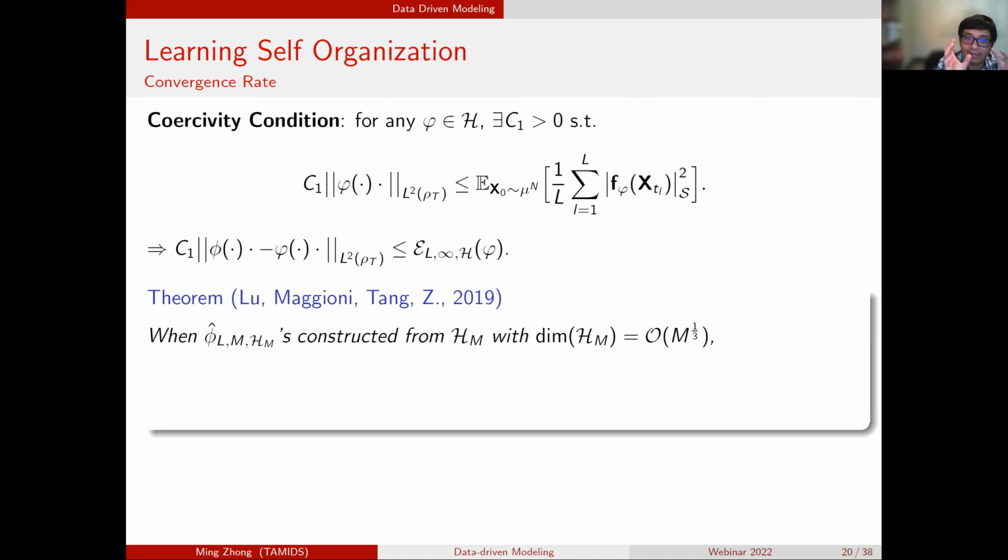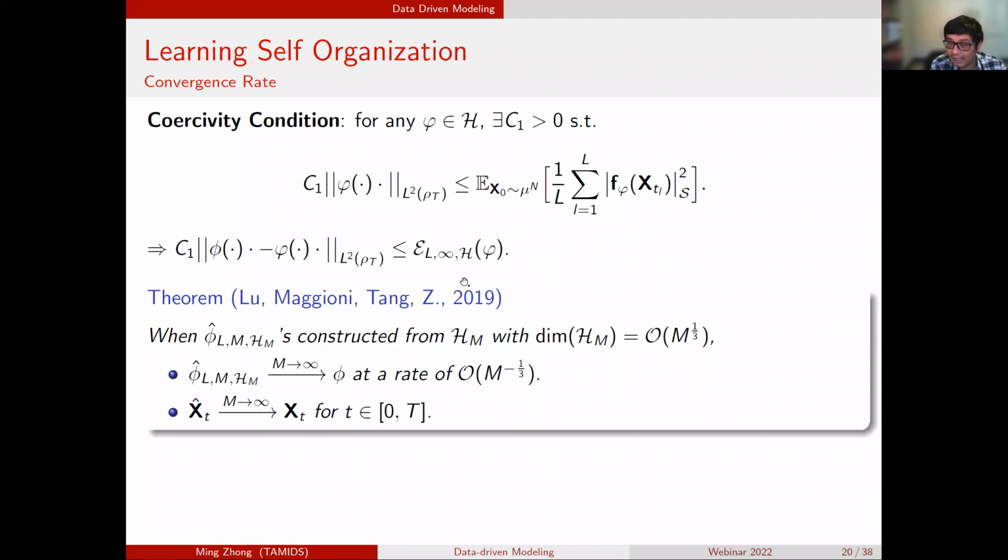Okay, so if my search space increases at a rate like that, then I have a learning rate: my phi hat LM, which is a discretized minimizer, will converge to the true unknown interaction kernel at a rate of M to the negative 1/3. Okay, so it's not yet at the Monte Carlo rate because we cannot get that. We do not have IID data. We have dynamical data, but we still have M to the negative 1/3. Okay, so it's actually a really good rate.